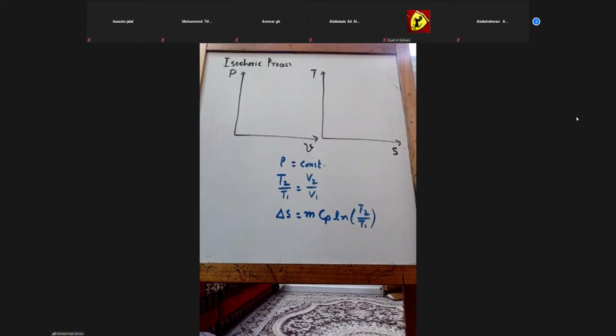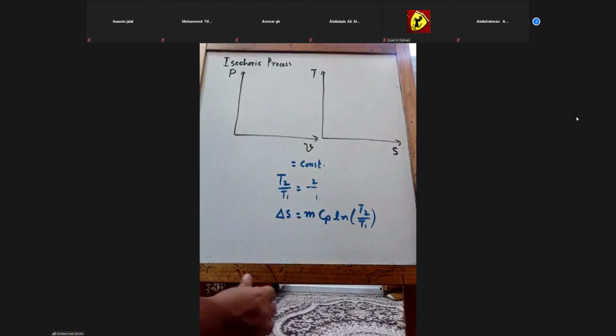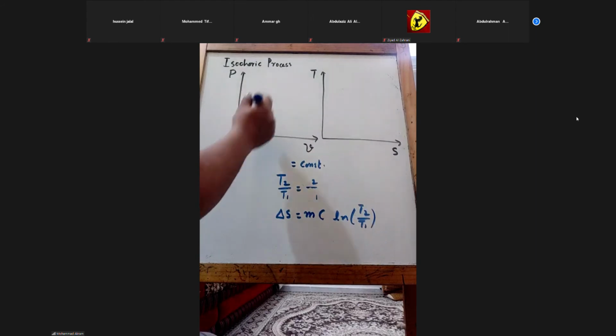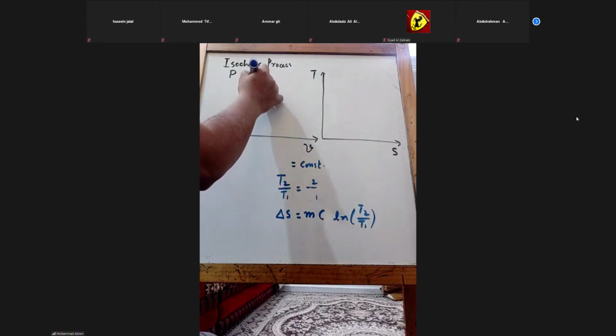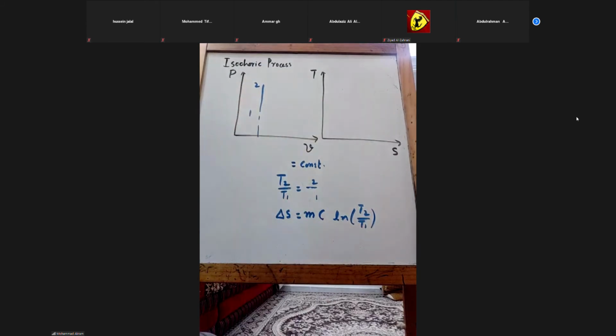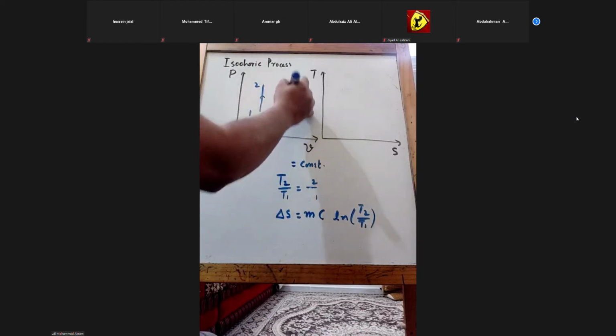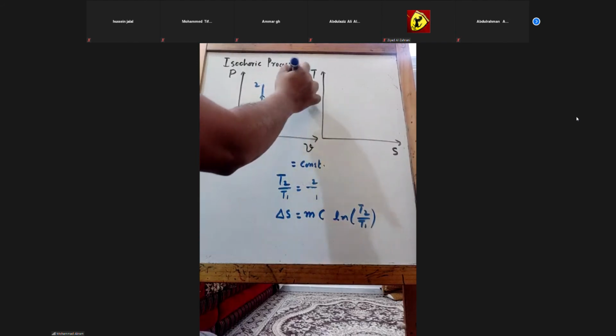It should be a vertical line, right? 1 to 2. If you see this, V1 and V2 are the same. So 1 to 2 and... sorry, 3 to 4.